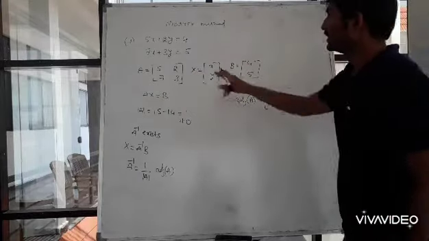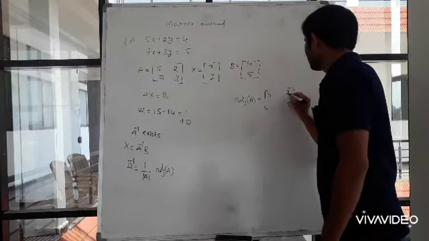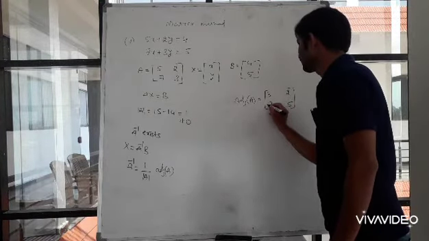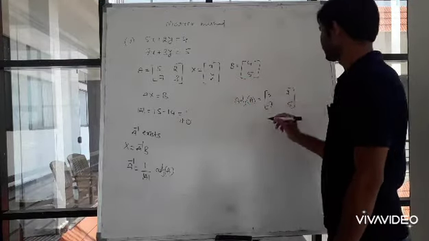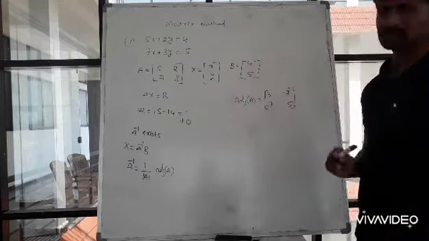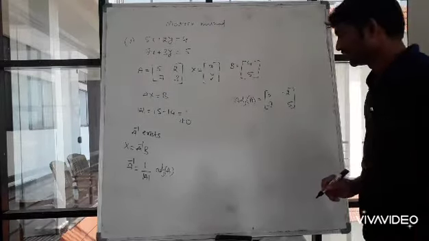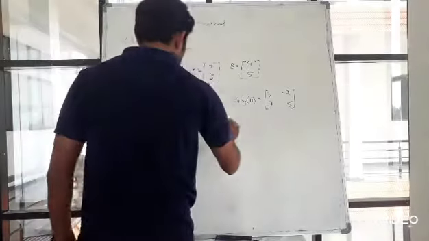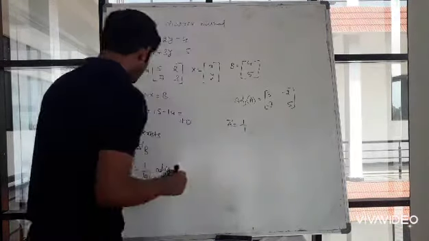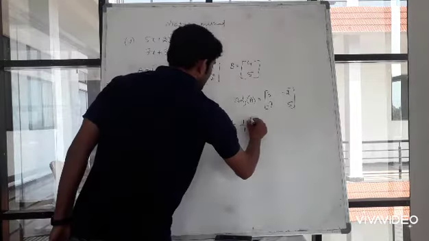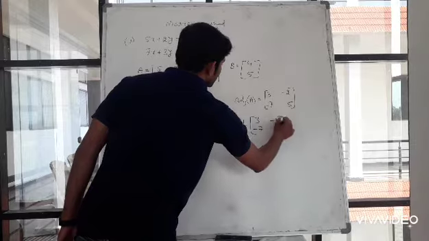Then the remaining non-principal diagonal elements are written as they are, but change their signs. If positive, take negative. Minus 2, minus 7. So this is the adjoint of the given matrix A. Now A inverse is equal to 1 by 1, the determinant is 1, into the adjoint, that is 3, minus 2, minus 7, 5.